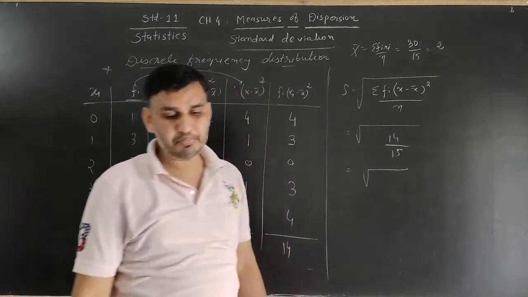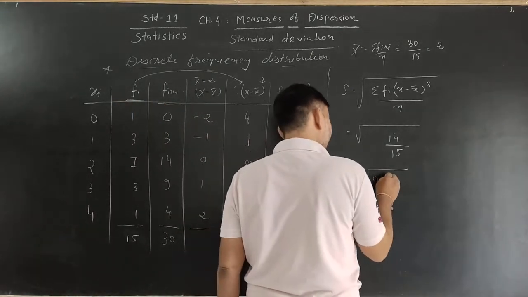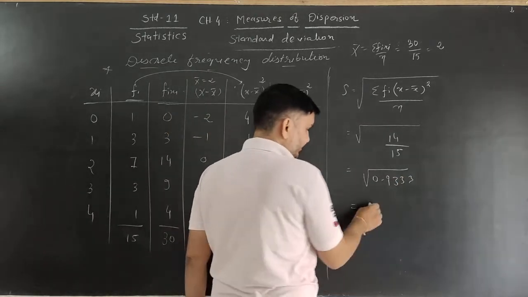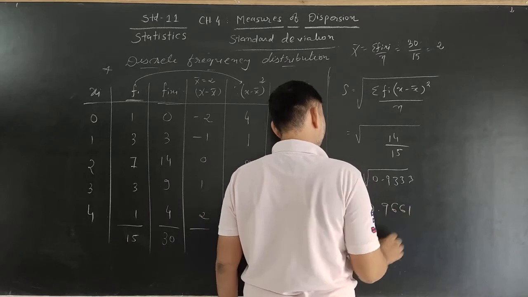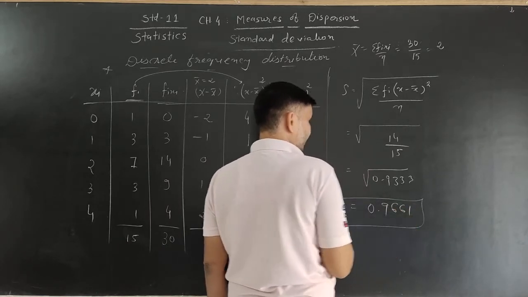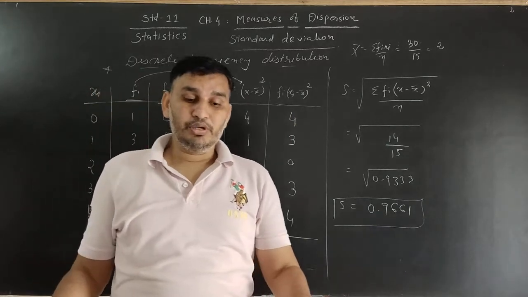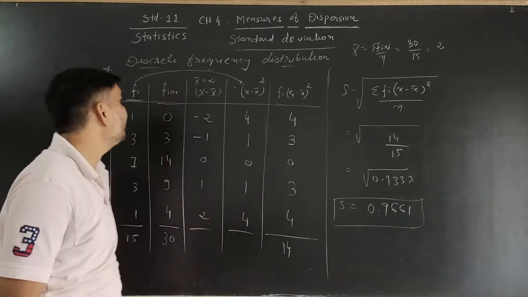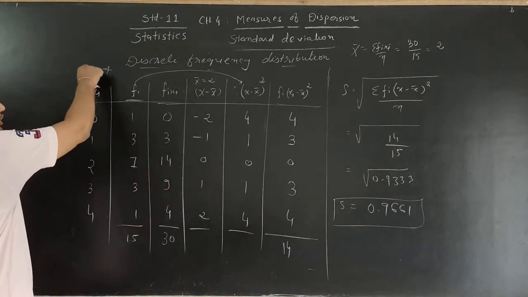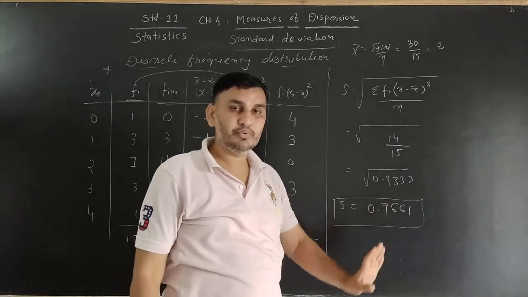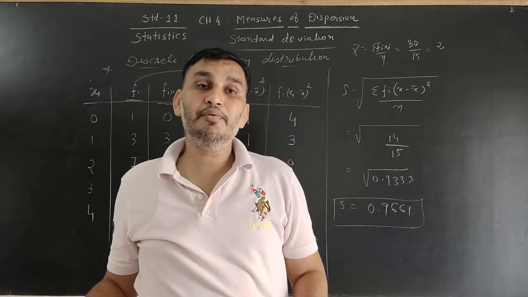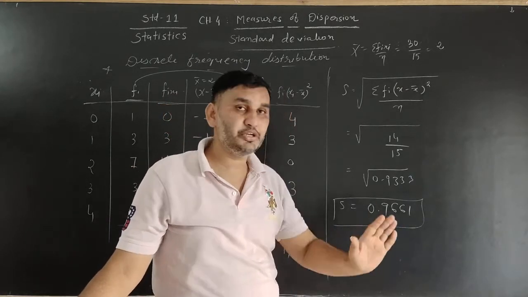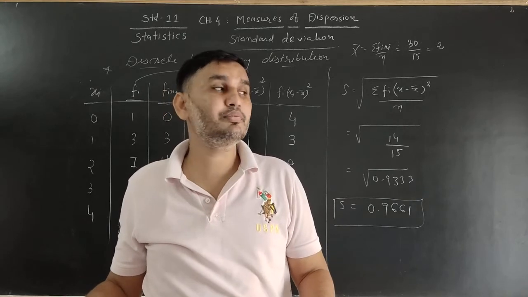So 14 divided by 15, that's 0.9333, and the square root is 0.9661. It's the standard deviation, so we can say approximately 0.9667, whatever the unit, here the unit may be days, liters, kilometers, whatever, we apply it to the standard deviation. Standard deviation of a discrete frequency distribution is not very tough, it's very simple.